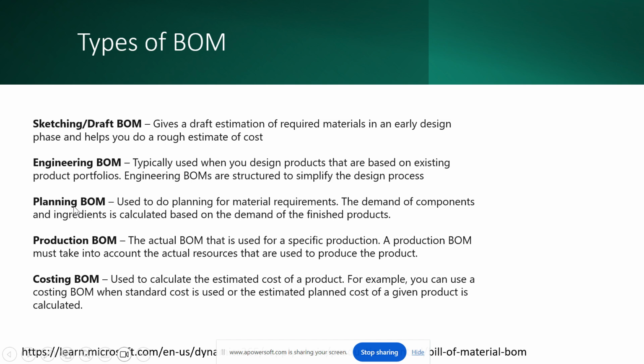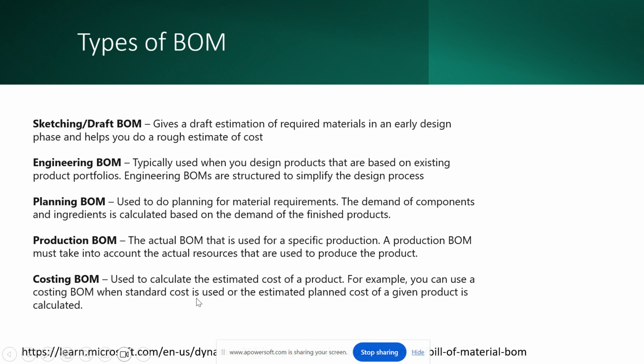Planning BOMs are used by the master planning engine in order to plan your demand of the components, which basically refers to the raw material or the ingredients in case of process manufacturing. And then we have the costing BOMs. These are used for estimating the cost during your production orders, where you will be able to estimate the total value of the FG, the estimated cost of your finished good, so that you can have your profit margin accordingly.